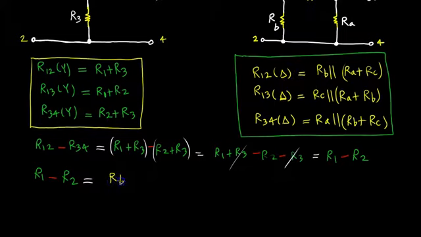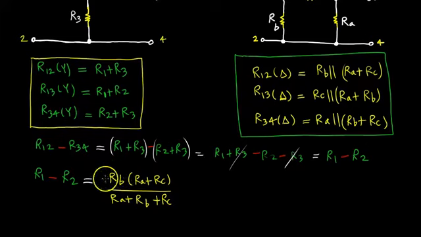Let me combine them in parallel, which is RA plus RC all over RA plus RB plus RC. And that's R12 on the delta side.